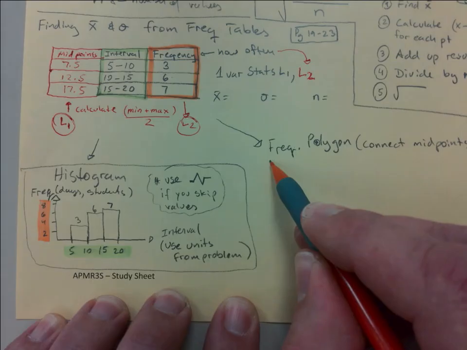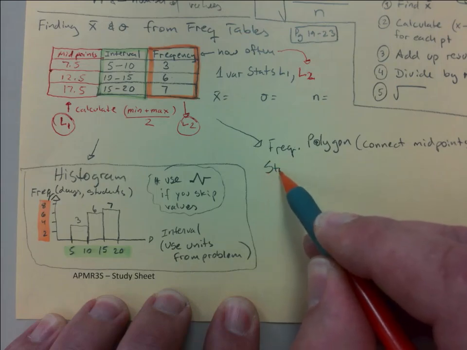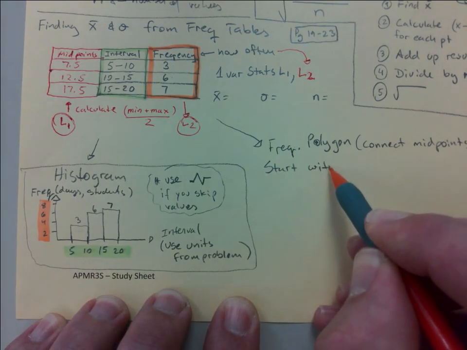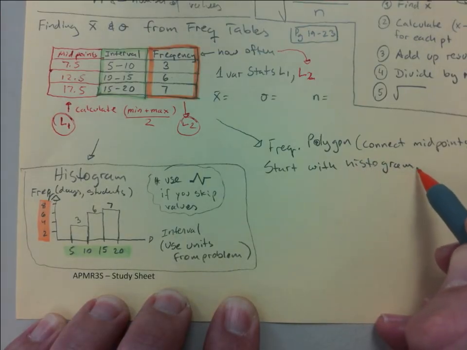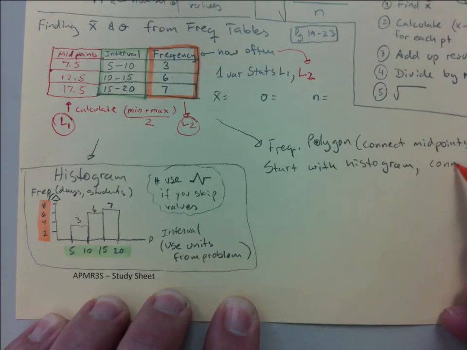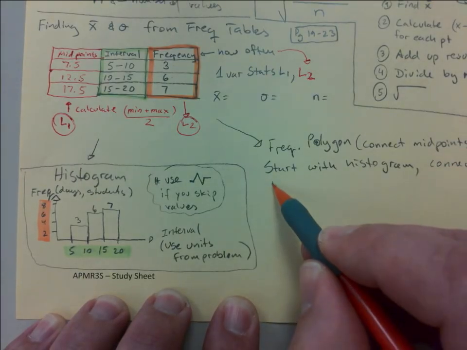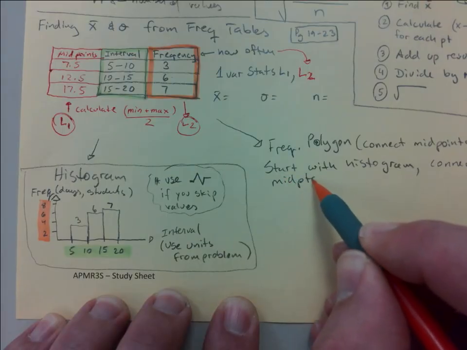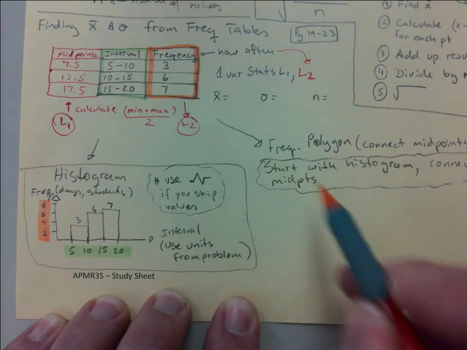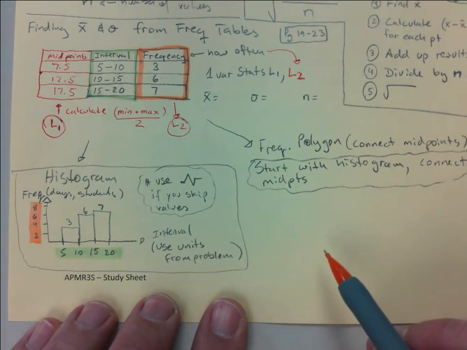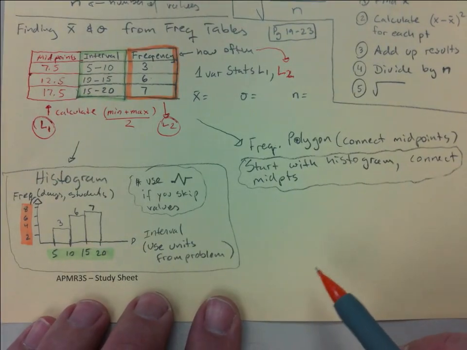What I'm going to say here is start with histogram, connect midpoints. And if this doesn't make sense to you, this is a strategy that I use for this.